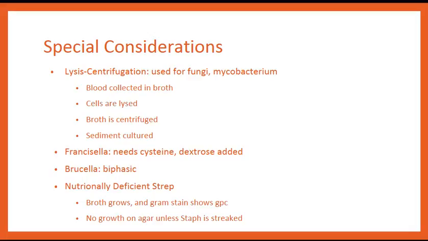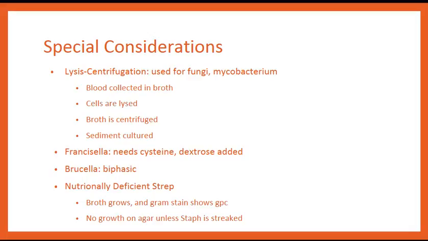Nutritionally deficient strep. When you have this, you'll usually see gram-positive cocci on the gram stain, and you put it on the plate, but nothing will grow on the plate. So if that happens, you suspect this type of strep.